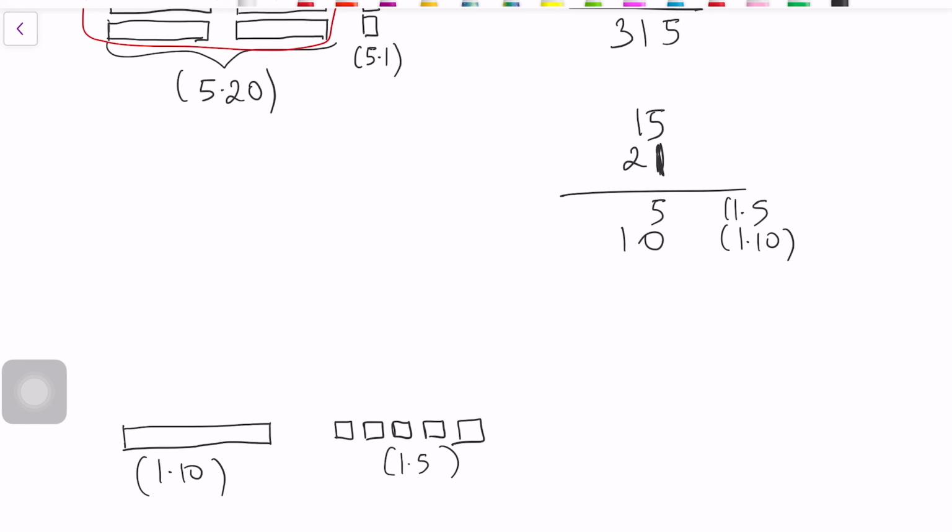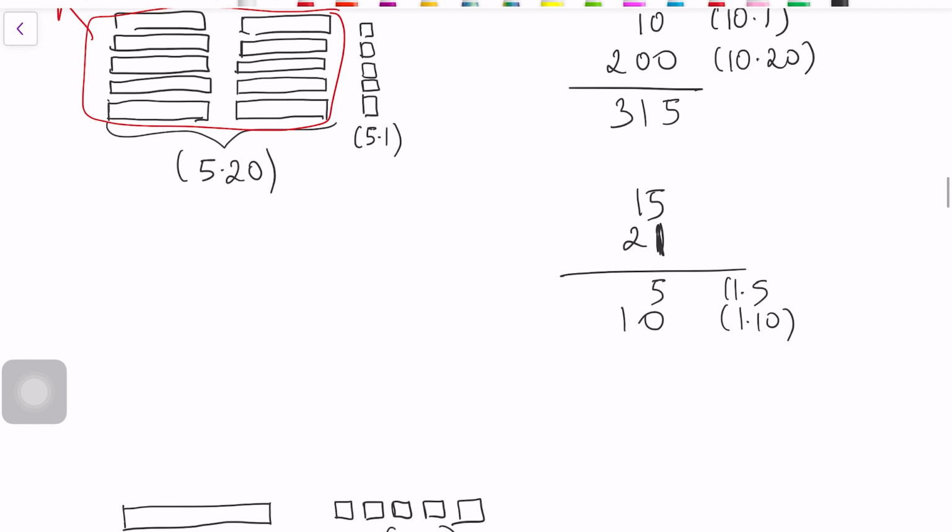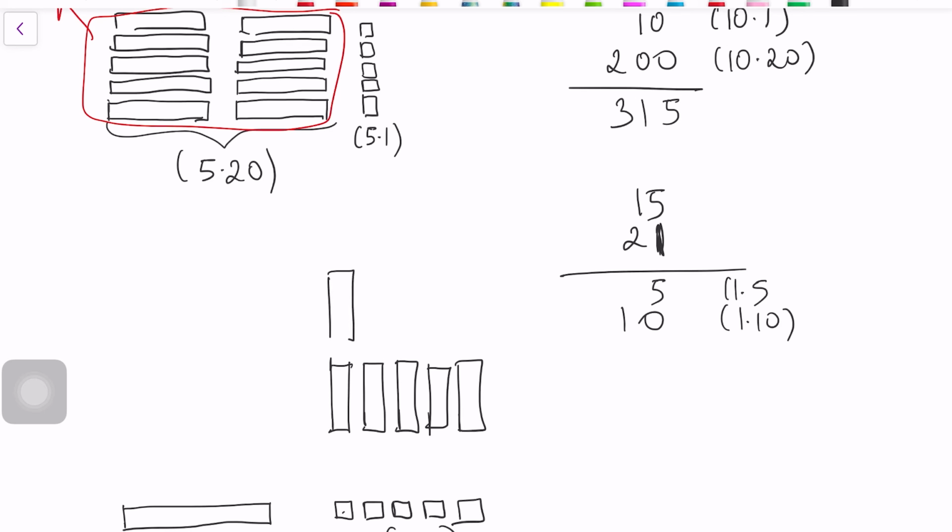Then I have to multiply by 20. So basically multiply, not only make 2 copies, but also long will become a flat. So this and the unit will become a long. So now what's gonna happen, that each, that's multiplying by 10, each unit becomes a long, but then 20 means 2 copies of those.